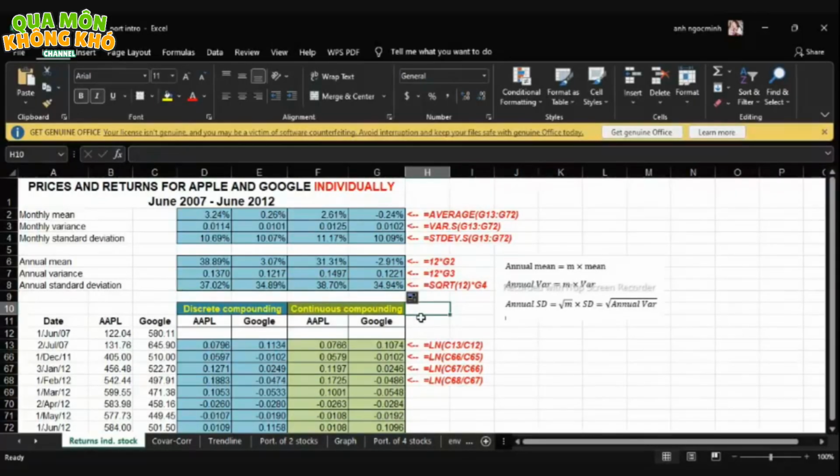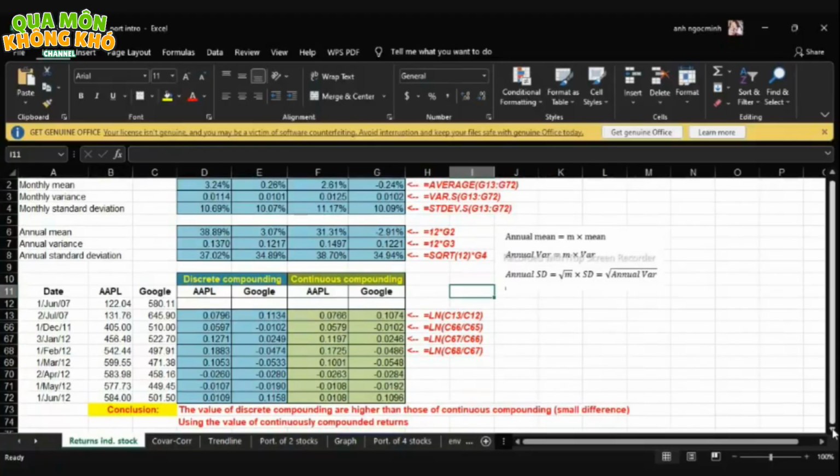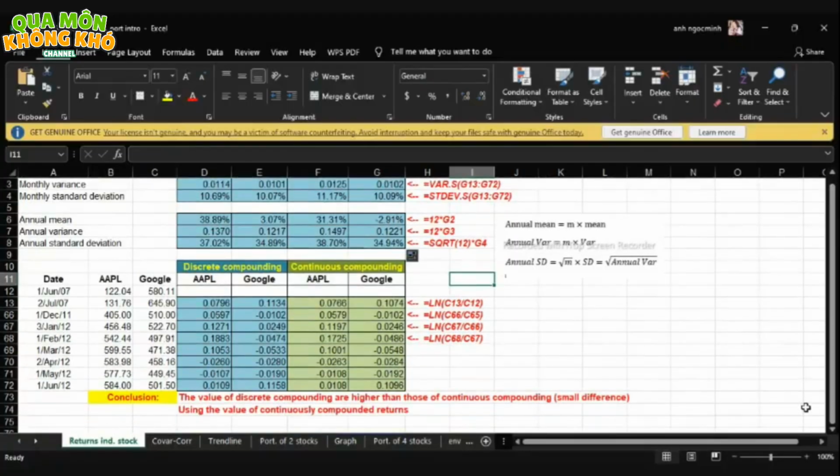So here is the result that we have. After this first example, I have two conclusions. The first is that the values of discrete compounding are higher than those of continuous compounding.